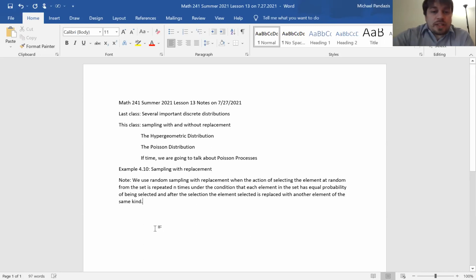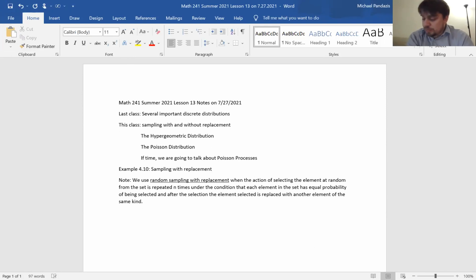So once you choose something of equal probability, the next time you make a choice, it's reset. And so in a sense it forgot the choice you previously made when you make the next choice.